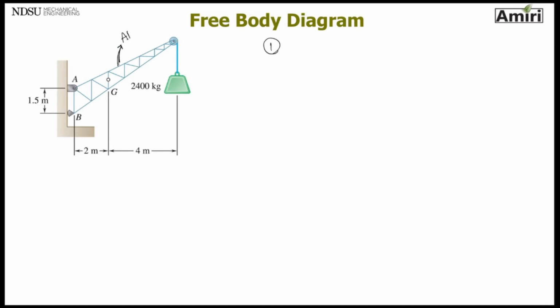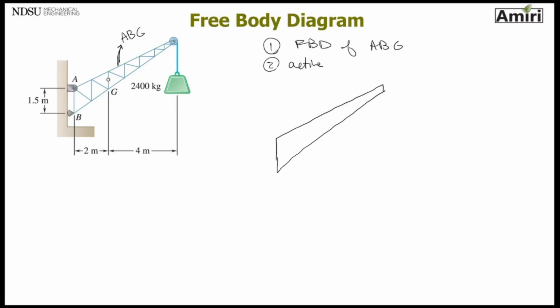Let's call it ABG. So free body diagram of ABG. I'm going to draw outline of it. Something like that. I didn't include any ropes, any weights, any supports. Now I'm going to put active forces or external forces on there.